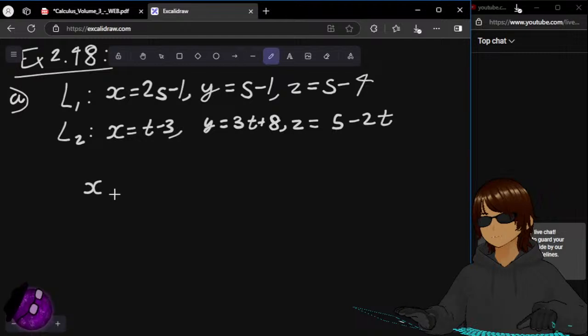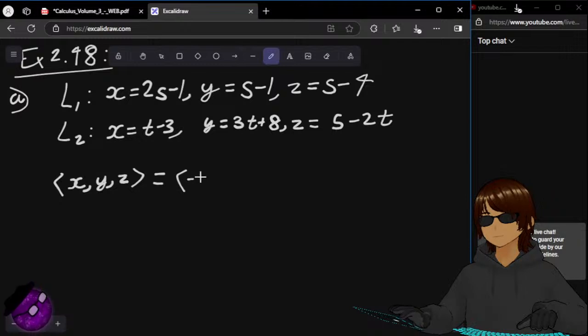For line 1, I have x, y, z equal to minus 1, minus 1, minus 4 plus s times 2, 1, 1.